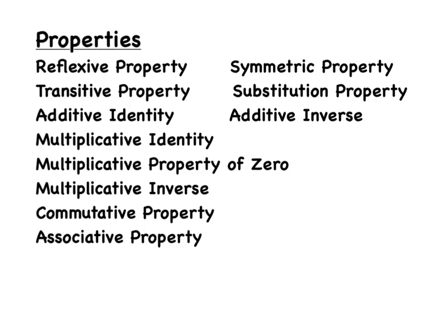So, for example, the additive identity and the additive inverse. These deal with addition, of course. The next ones are the multiplicative identity, the multiplicative property of 0, the multiplicative inverse. All three of these deal with multiplication.